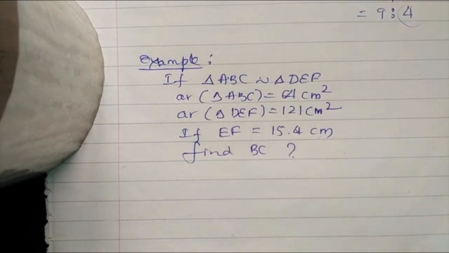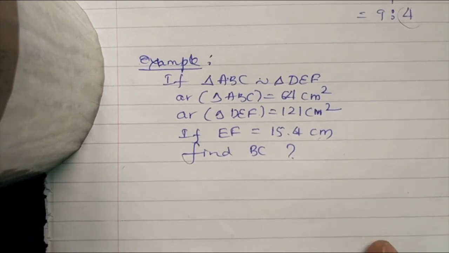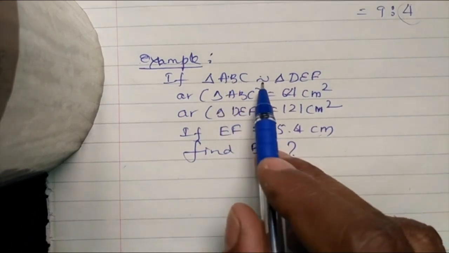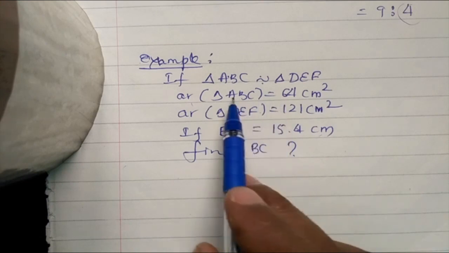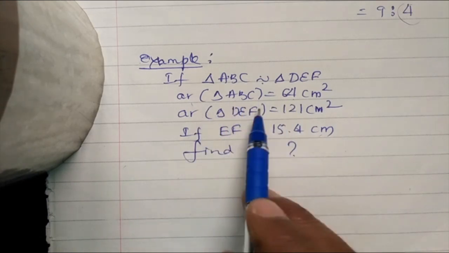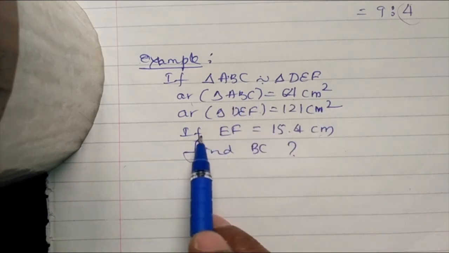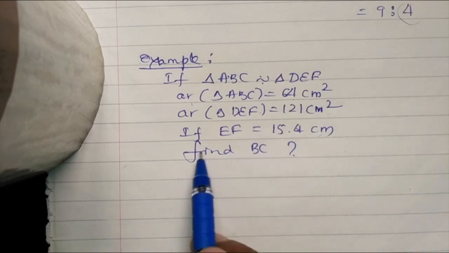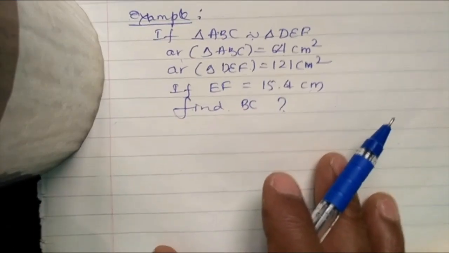This is a question for 1 mark or 2 marks. If triangle ABC is similar to triangle DEF, the area of ABC is 64 centimeter square, the area of DEF is 121 centimeter square, and EF length is 15.4, what is the length of BC?